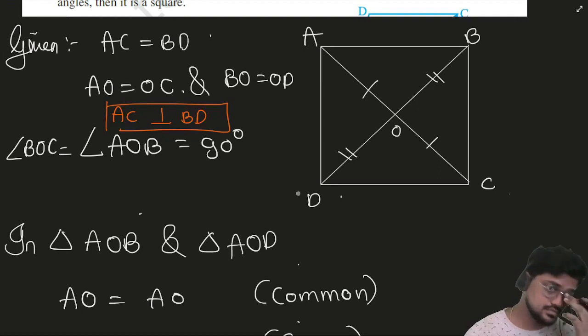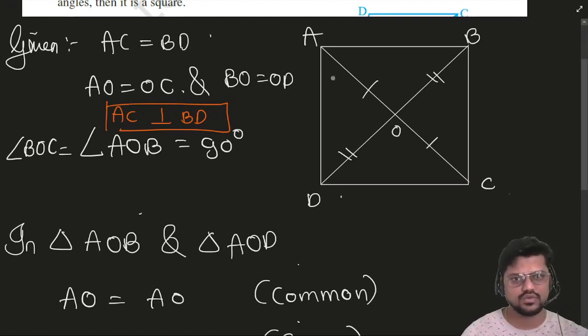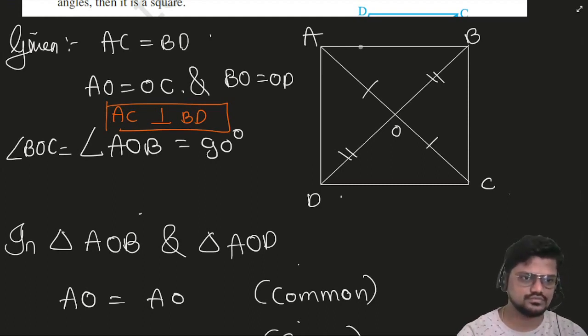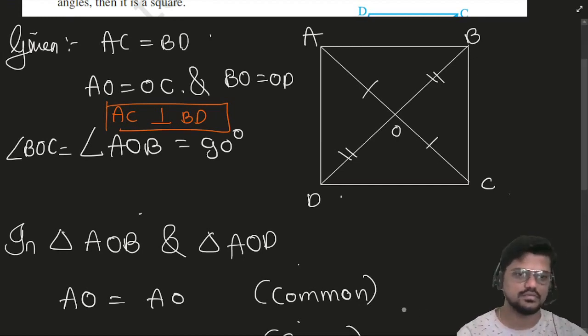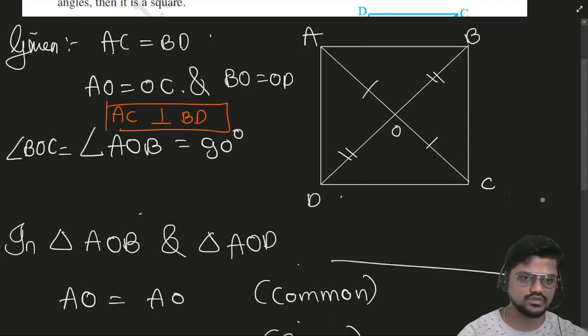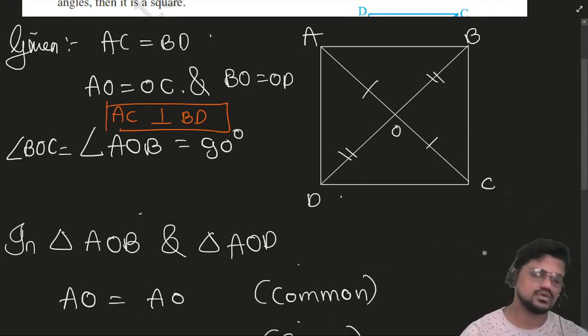Then by linear pair, angle DAO and angle BAO, they both are equal. Then what will be the use? Sir, I thought it was a linear pair. No, it's not a linear pair. For a linear pair, it should be on a straight line. Means this should be the line and this should be the line, and this angle is a linear pair.